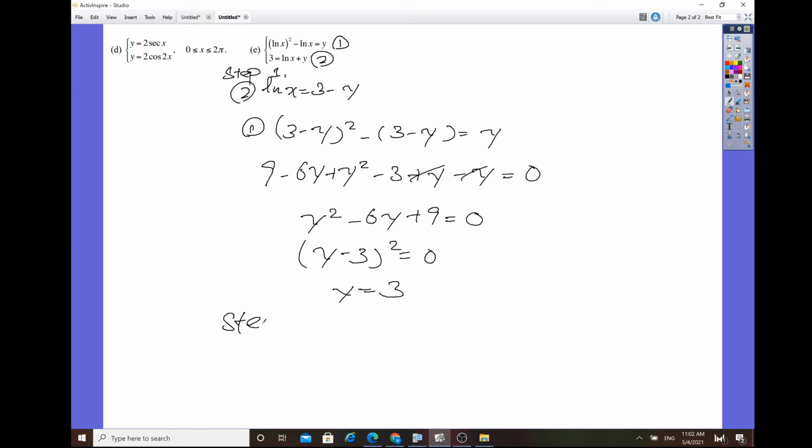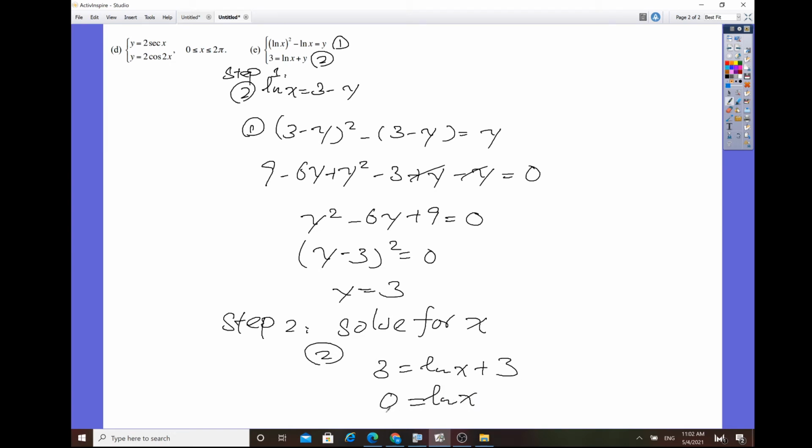So step 2, solve for x. So plugging back into the second equation, we do have 3 equals natural log of x plus 3. So 3 minus 3 cancel, 0. So natural log of x equals 0. Take the base e on both sides.